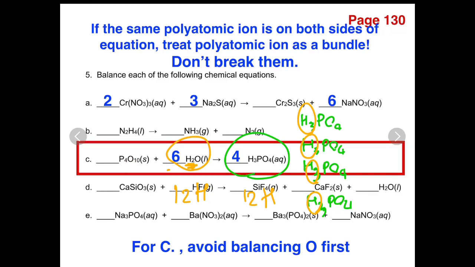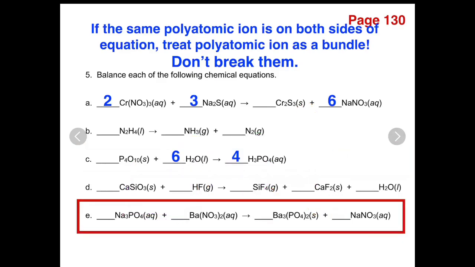This oxygen plus this oxygen, 10 plus 6, comes out equal to 16. For this side, oxygen, 4 times 4: you have 4, and each of those contains 4 oxygen. 4 times 4 equals 16 as well. Therefore, this is already balanced. So it would be 1 to 6 to 4.